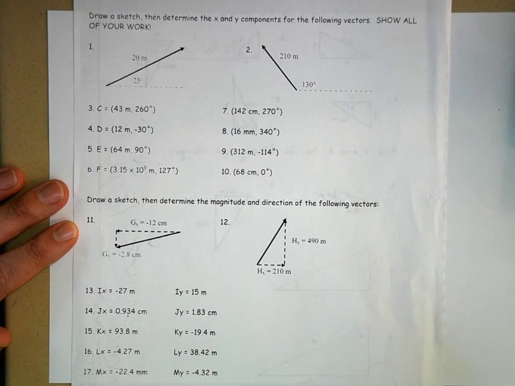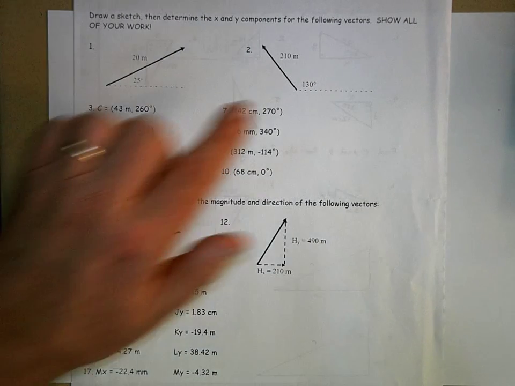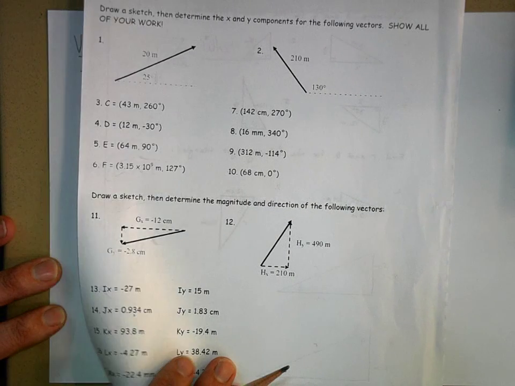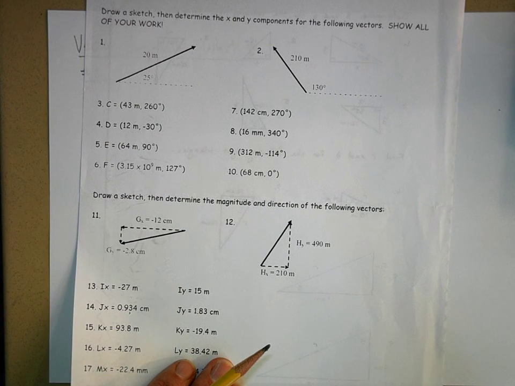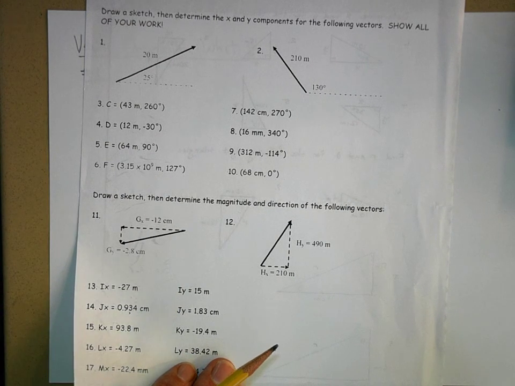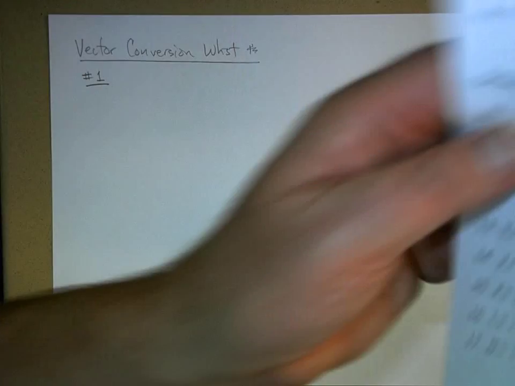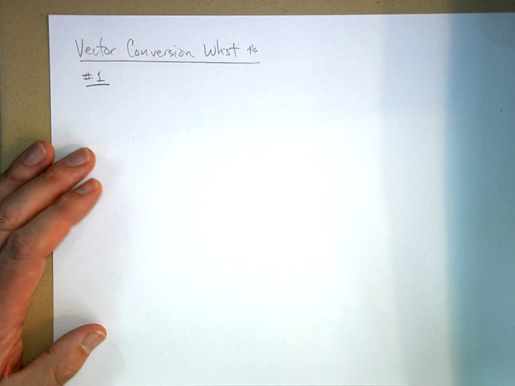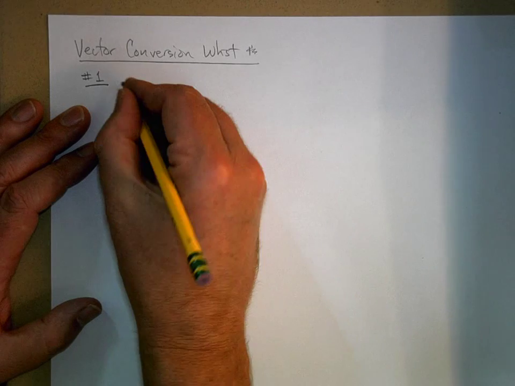And I went ahead and drew a picture of it on the first 2 problems. But in the remaining problems, you'll have to draw the picture yourself. And it does say to draw a sketch of the vector. So, number 1, here's what's given.